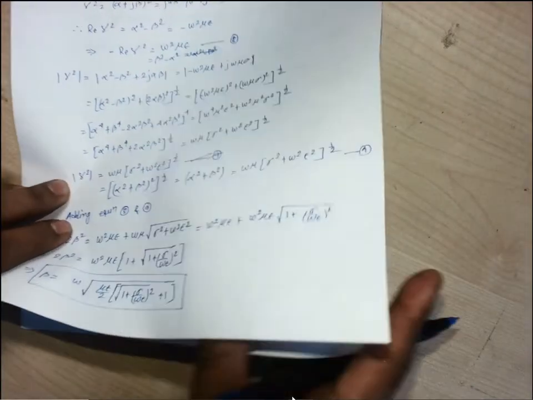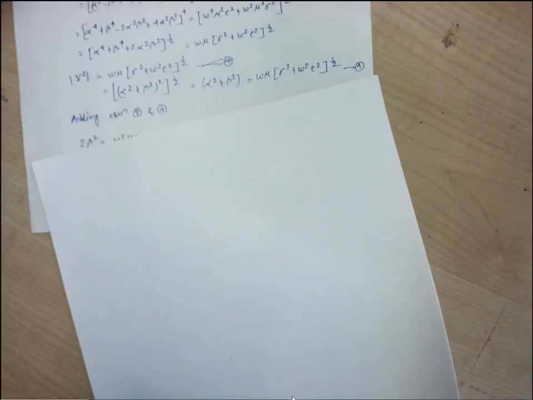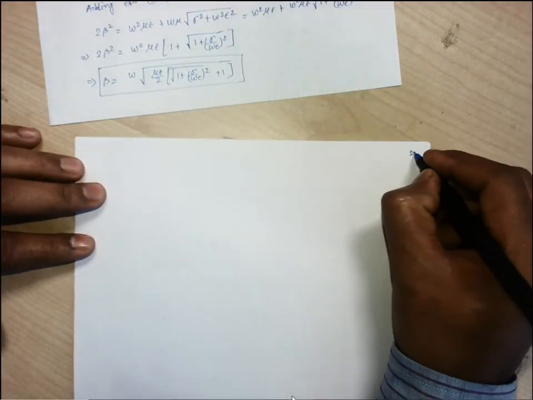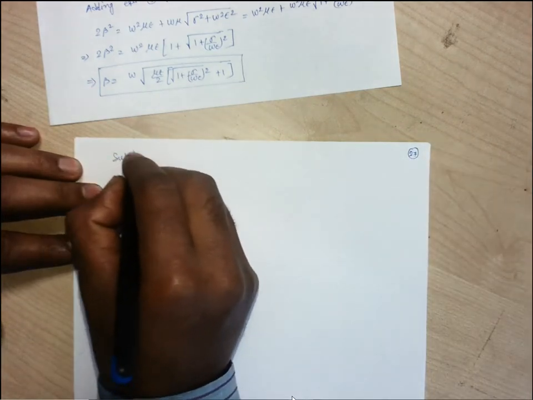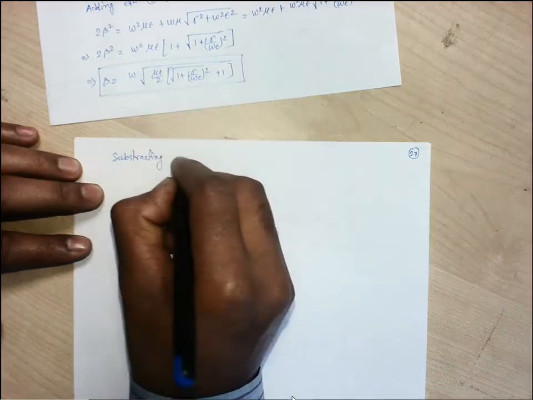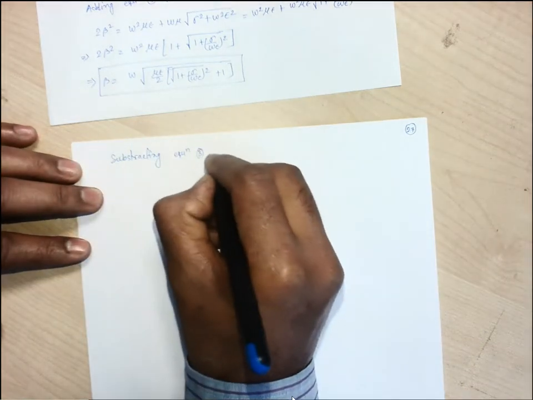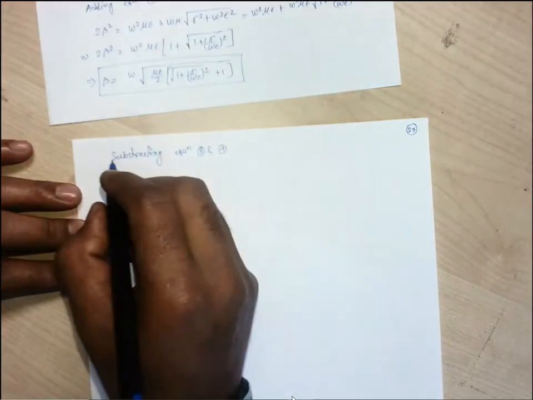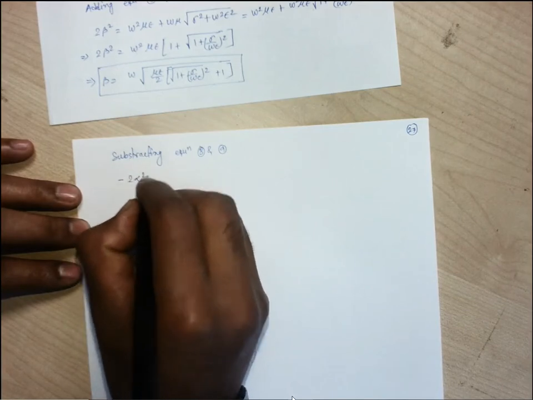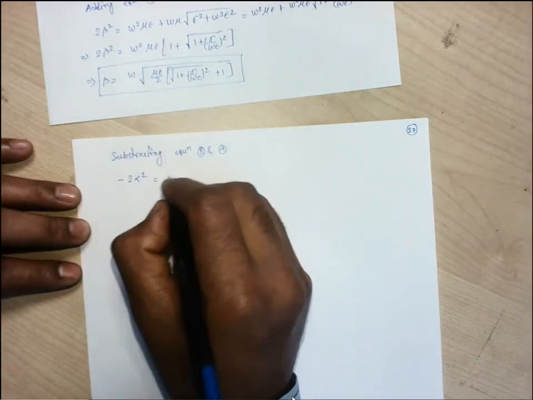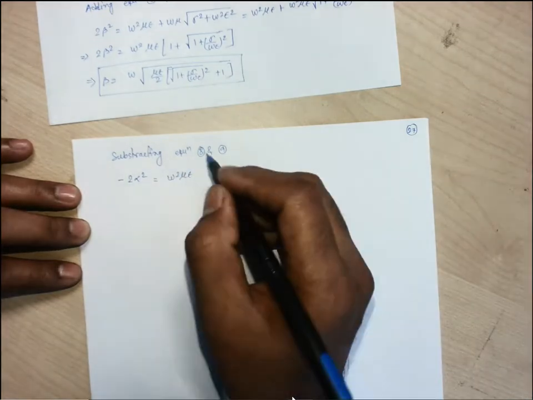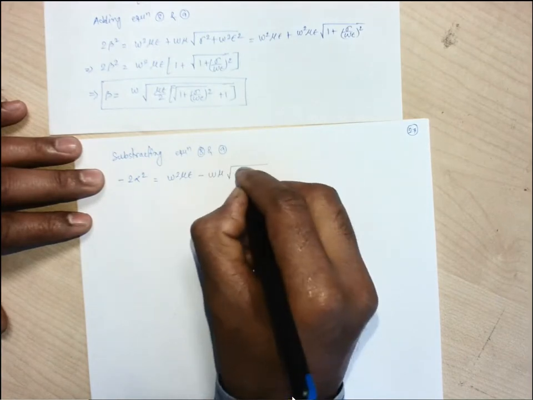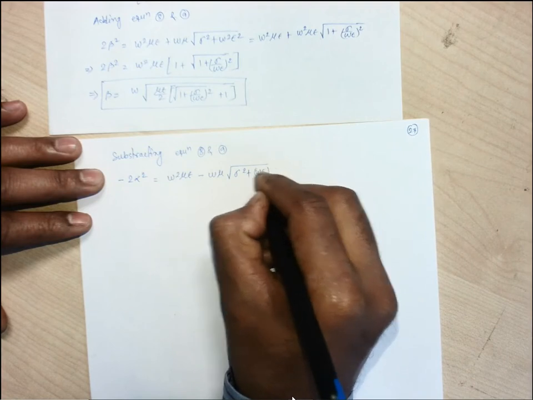So subtracting equation 8 and 9, we will have minus twice alpha square is equal to omega square mu epsilon minus this value, that is omega mu root over of sigma square plus omega mu whole square.